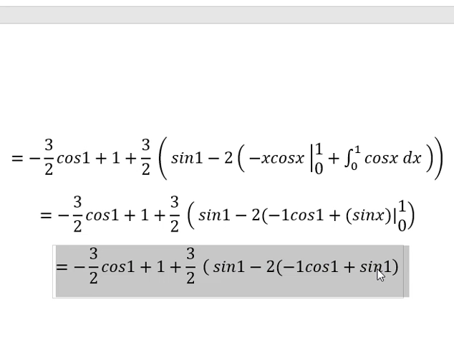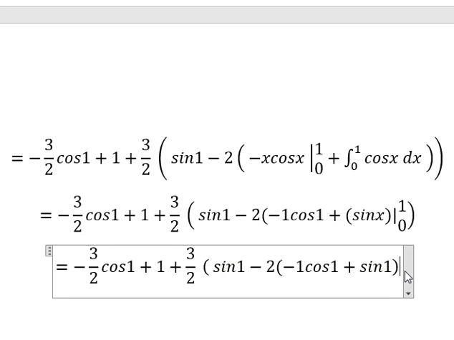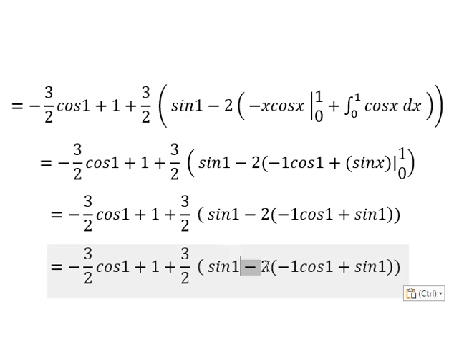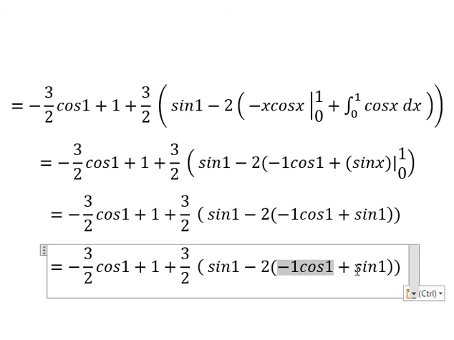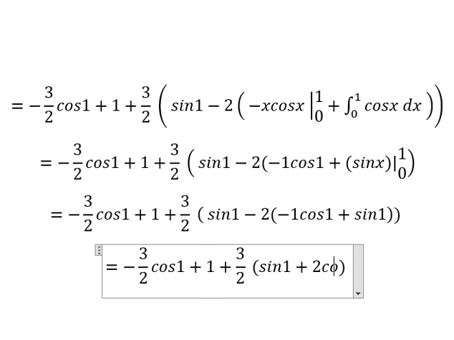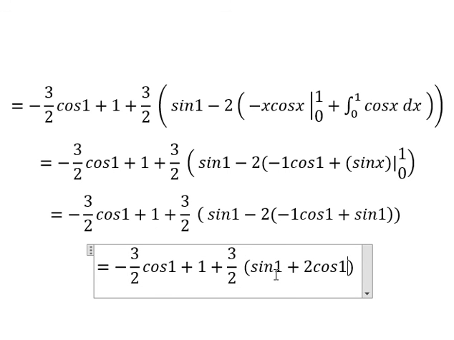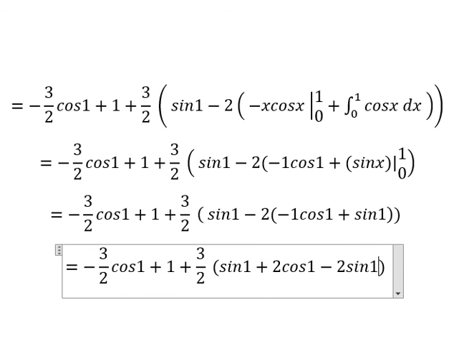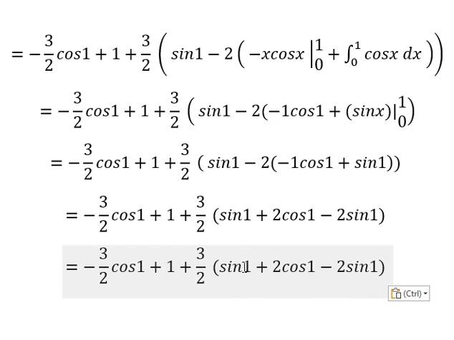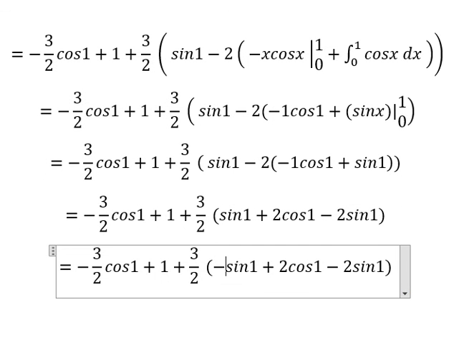Now we can simplify everything in here. Negative number 2 multiplied by this one and this one. This one, with this one we have negative sine number 1.